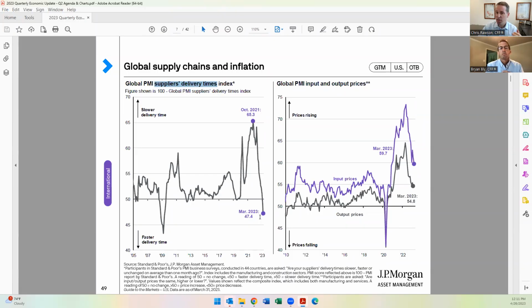So things are being delivered faster and faster. And what about the price? We have the input prices in purple here going down, and naturally the output prices are going down. We presented this chart last time, and here again, things are being delivered faster and prices are declining.